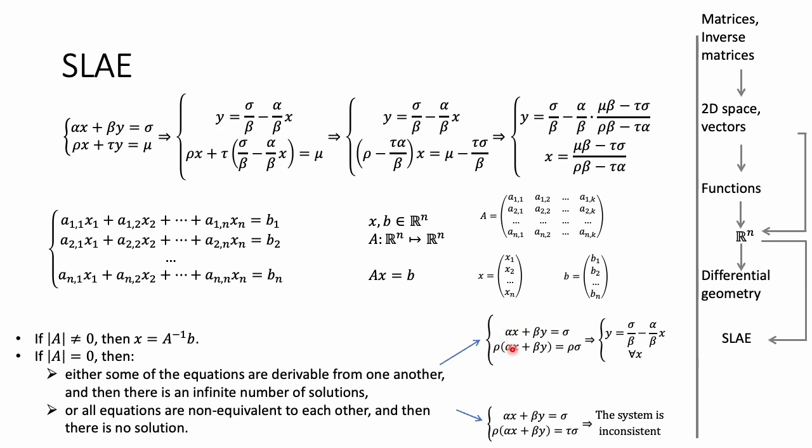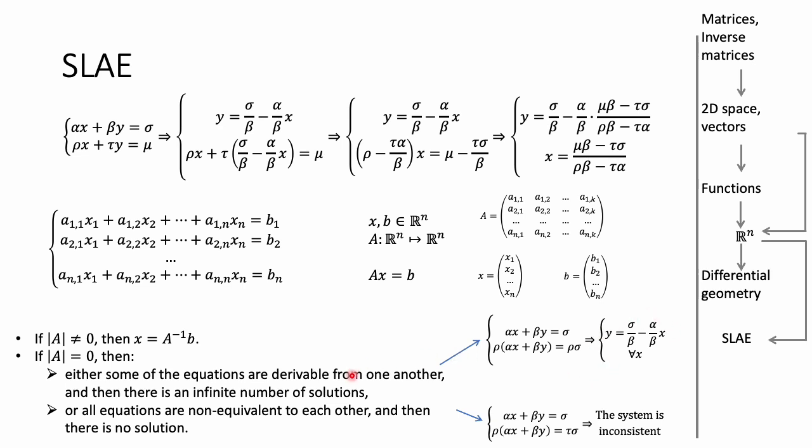Obviously, these two equations are redundant. They encode the same information. If this happens, then there is an infinite number of solutions, and x can be chosen arbitrarily, and y will be dependent on x using the formula above. So the solution to this set of equations is just a straight line encoded by this set of constraints.